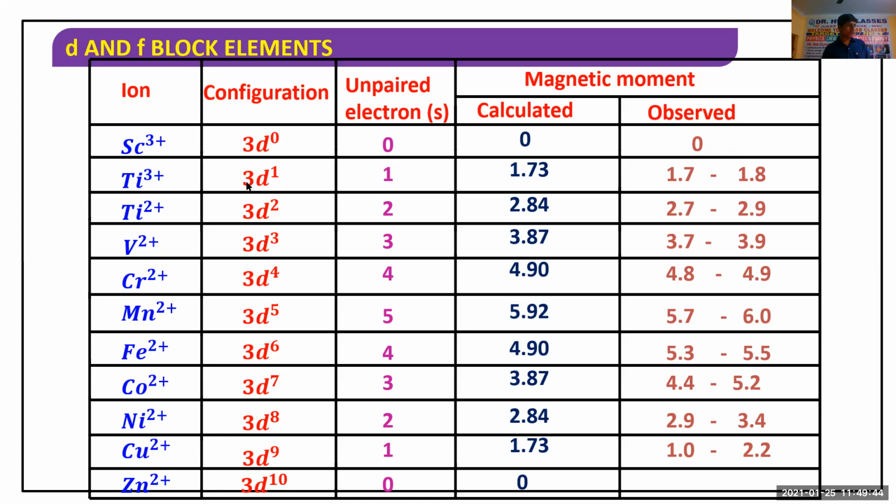The magnetic moment calculated is 1.73 and observed is 1.7 to 1.8. Why is it? Because there is one unpaired electron, root over 1 into 1 plus 2, that is root 3. The value of root 3 is equal to 1.73.